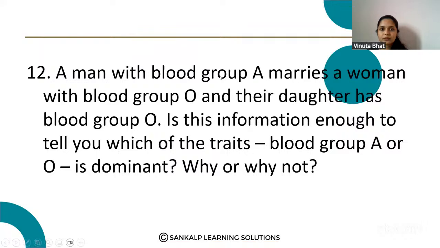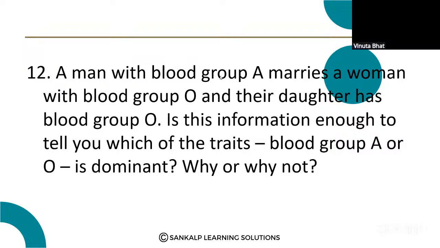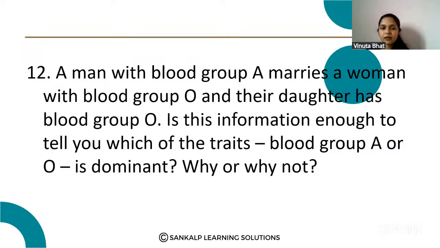Please read the question. A man with blood group A marries a woman with blood group O, and their daughter has the blood group O. Is the information enough to tell you which of the traits, blood groups A or O, is dominant?